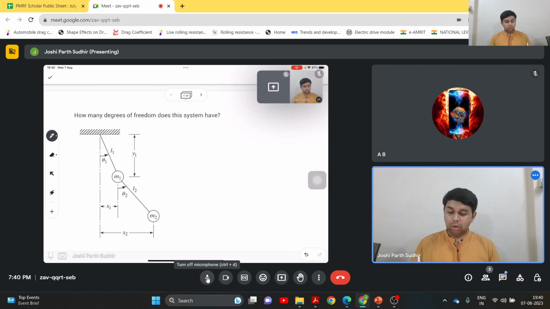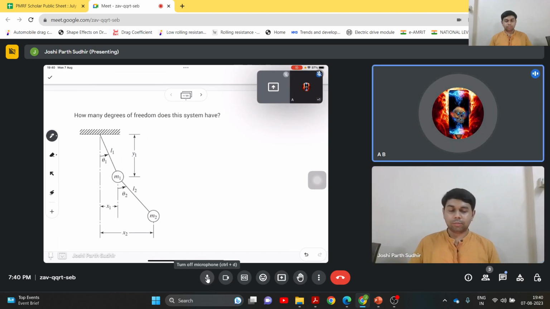So now if you want to find out how many degrees of freedom this system has, how will we find out that? Any idea? So first we will find the independent degree of freedom of each of the bobs. So one and one. So I think two. Okay.